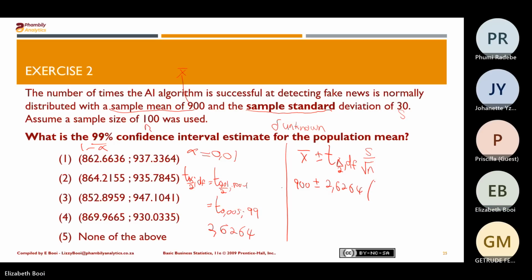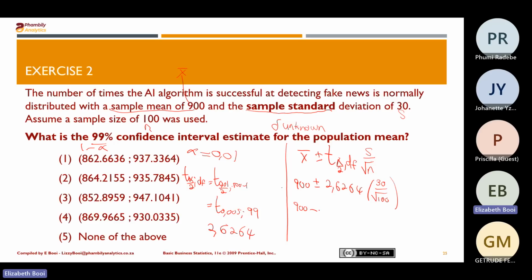Our standard deviation is 30 divided by the square root of n, which is 100. 900 minus, and we calculate the margin of error on the other side, which is 2.6264 times 30 divided by the square root of 100.